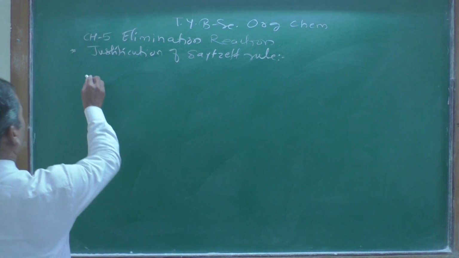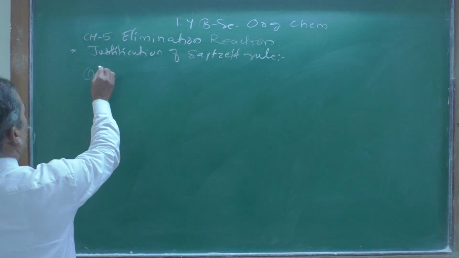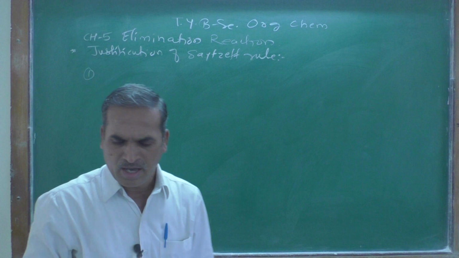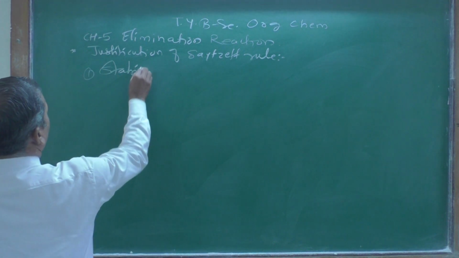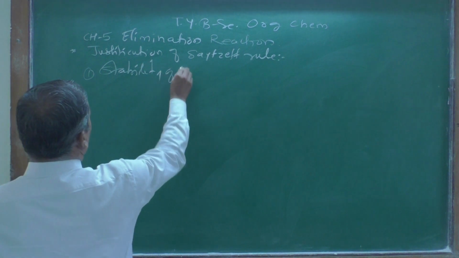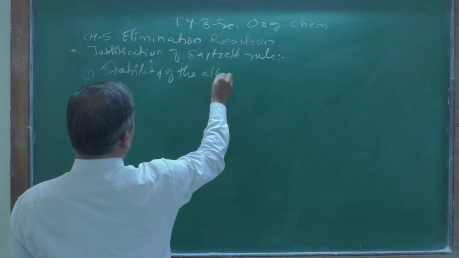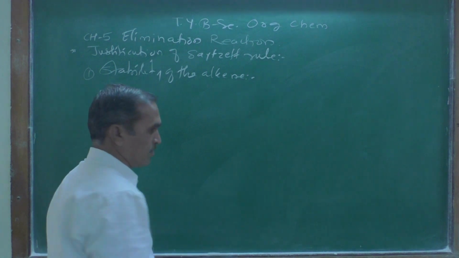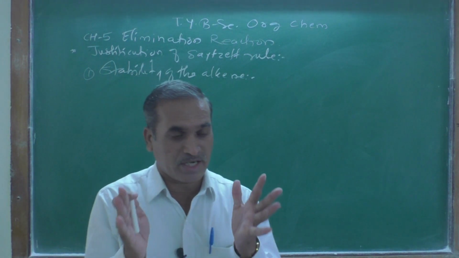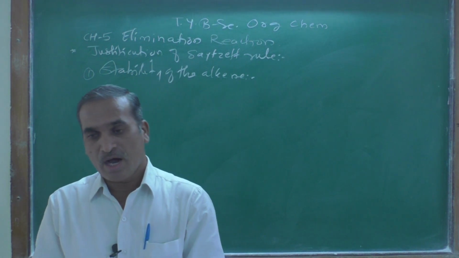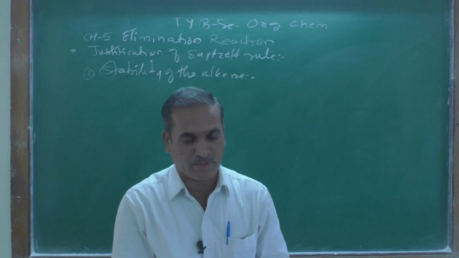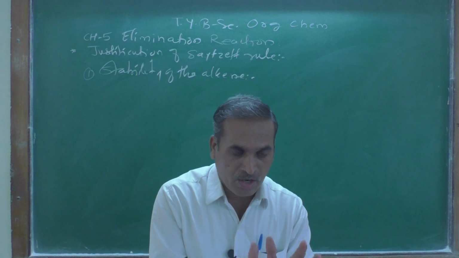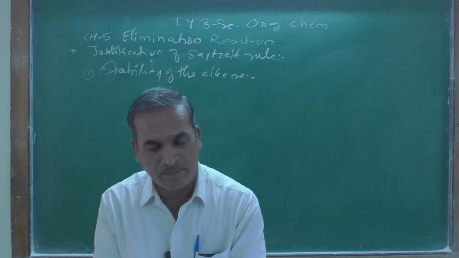One is the stability of the alkene. Number one, the stability of the alkene. This is the first contributing factor. After the formation of the elimination products, are these products stable or unstable?